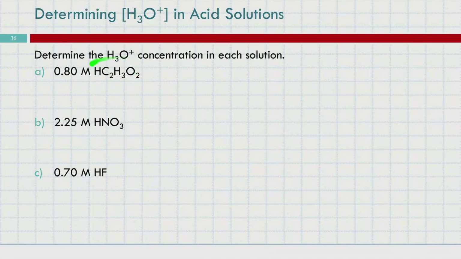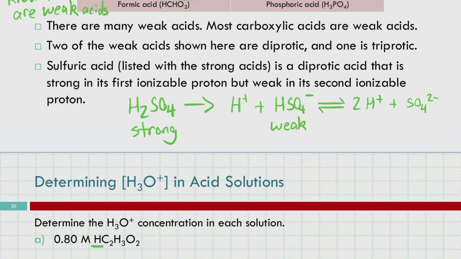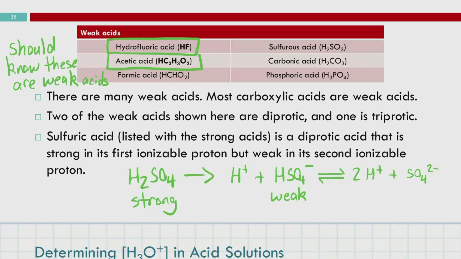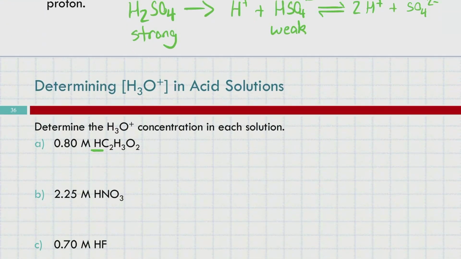And this thing is an acid. We know that it's an acid because it's got an H in front. Is it a strong or weak acid? Who remembers? It's a weak acid. That's acetic acid.